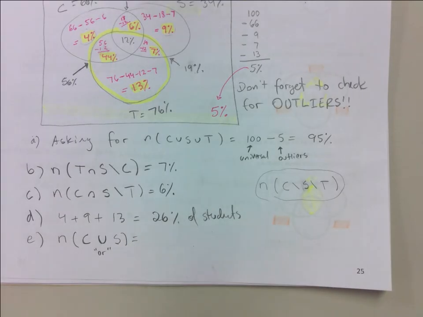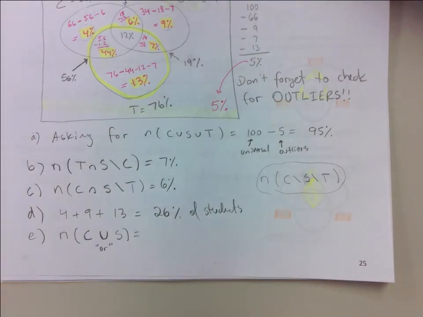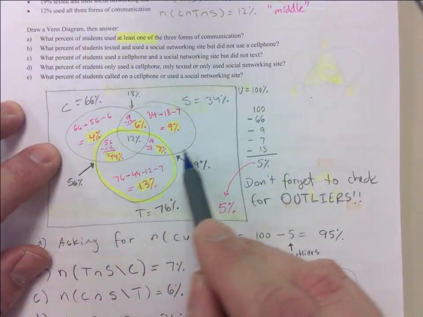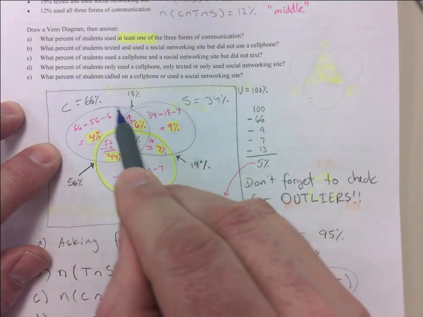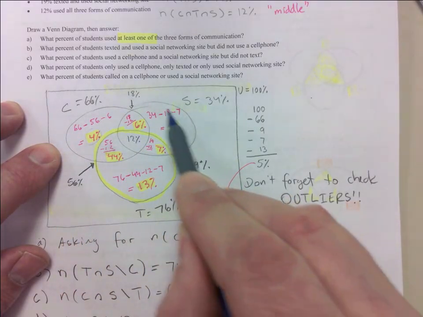What is it asking for? Only 2 sets, right? Even though we have 3, we're only going to focus on the union of those 2. So it's just these 2 here. Keep looking up until you get it. It's the union of those 2 sets right here.